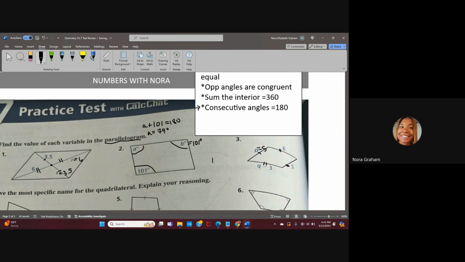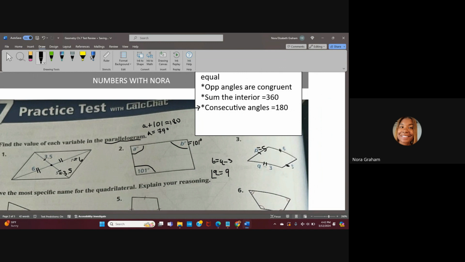The equation I'll set up is 6 is equal to Q minus 3. I want to solve for Q, so I add 3 to both sides: 6, 7, 8, 9. I always like writing my variables on the left-hand side, so Q equals 9.